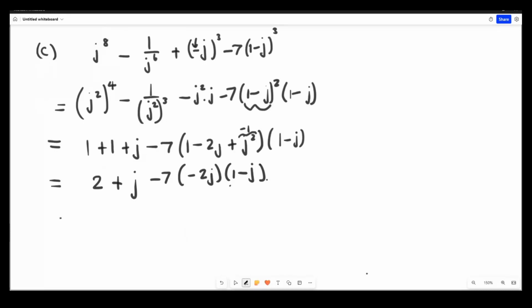If my calculations are still fine and don't make any blunders, then you guys can just multiply those brackets now. So it's 2 plus j. So I've got 14j times that. 14j times 1 is 14j. And then I've got 14j times minus j.